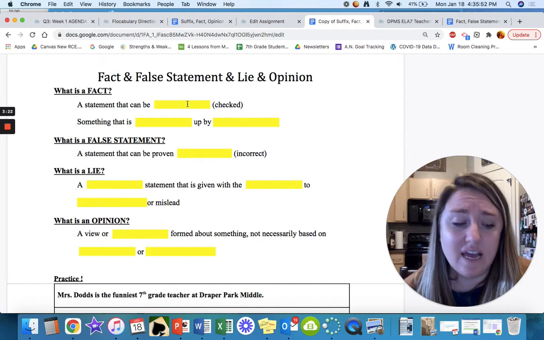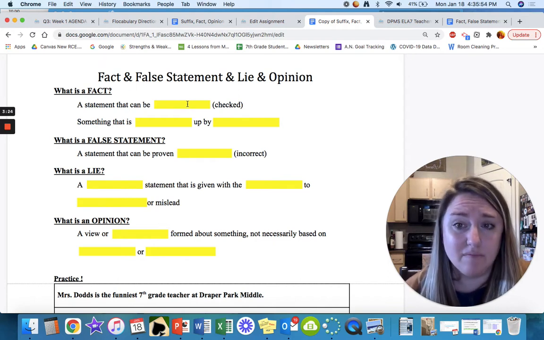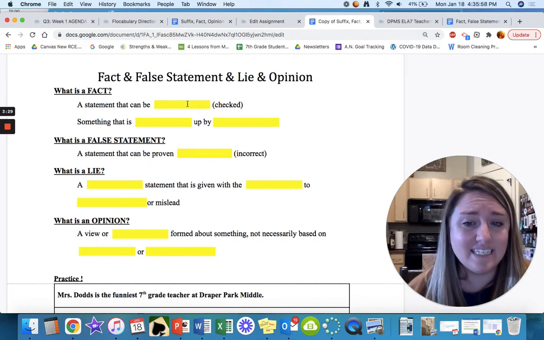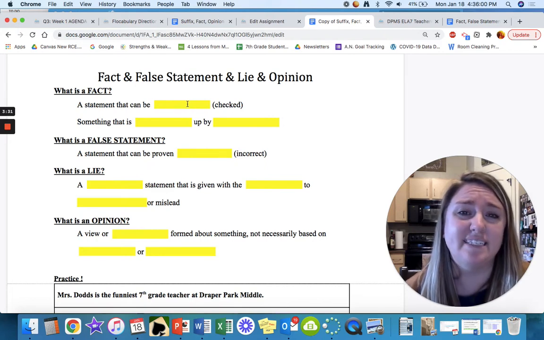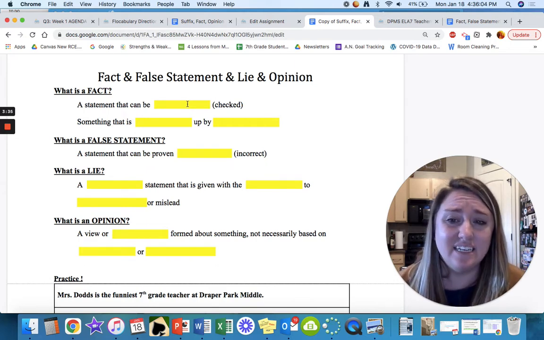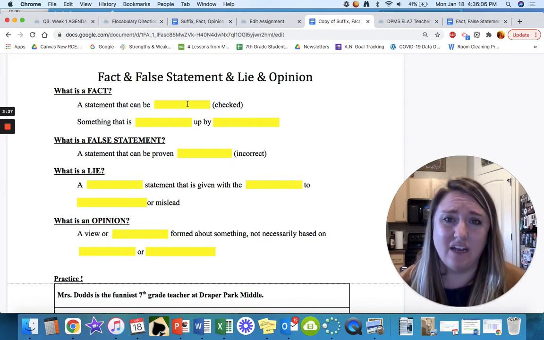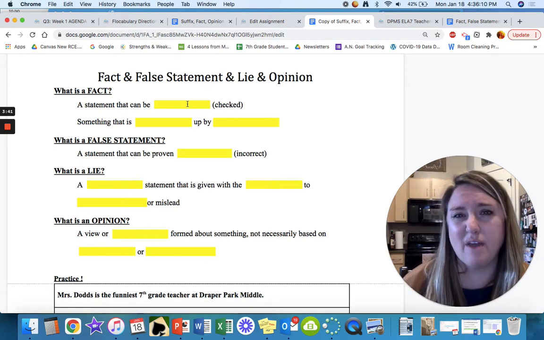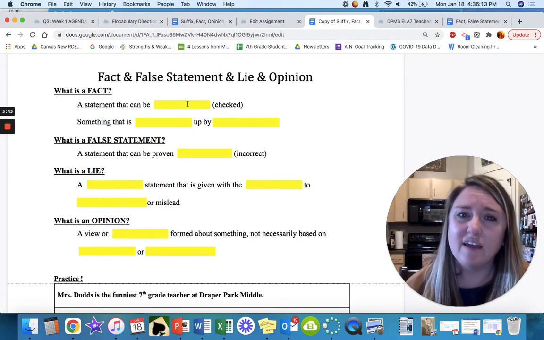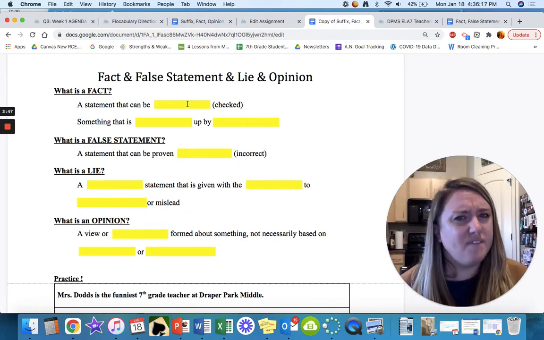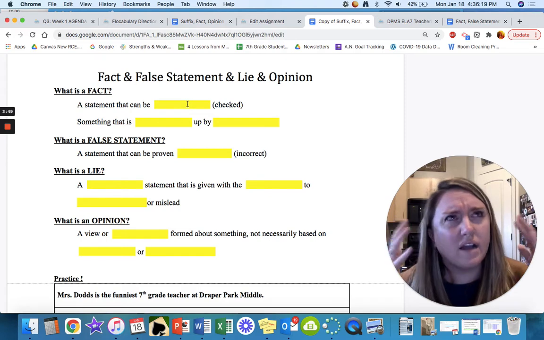A lie is a type of false statement that is given with the intent to deceive or mislead. So sometimes people make a false statement and they just don't know. Maybe they're estimating incorrectly. Maybe I thought this computer was a 15-inch computer, and actually it's 13-inch.